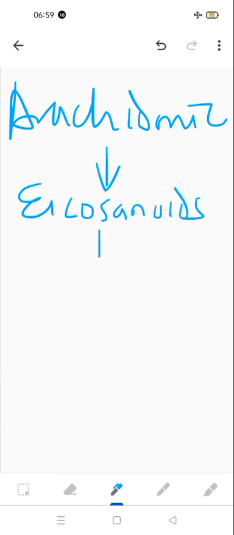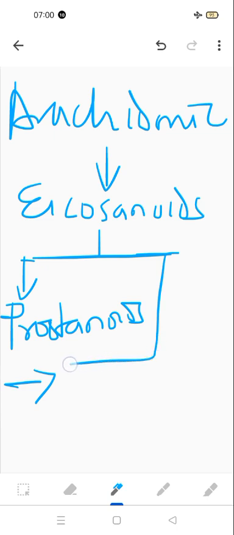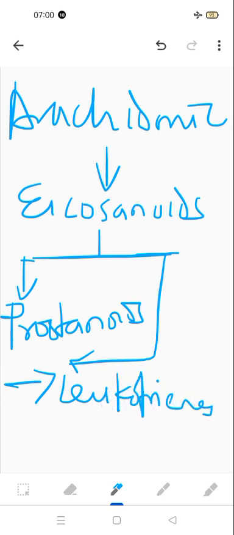So for these derivatives of eicosanoids, we have three primary ones that we'll be looking at. We'll be looking at prostanoids, another derivative, leukotrienes, which are produced by leukocytes, and lipoxenes.